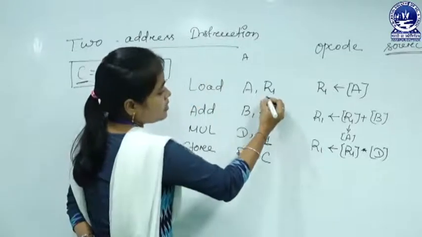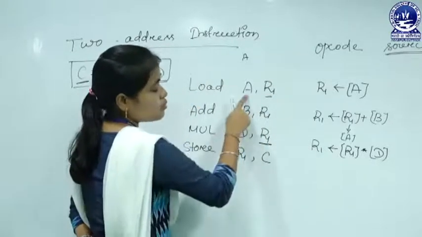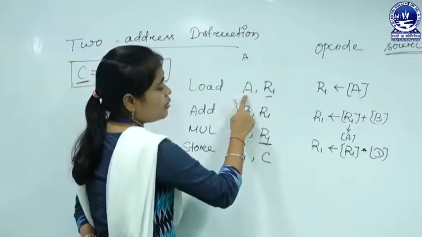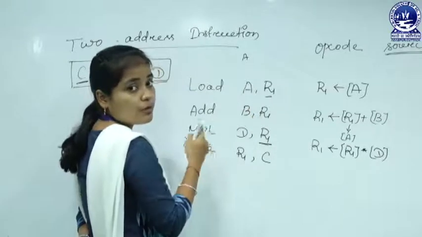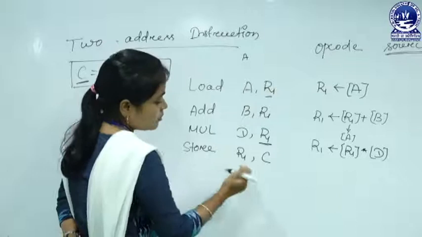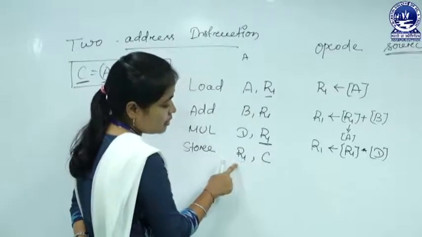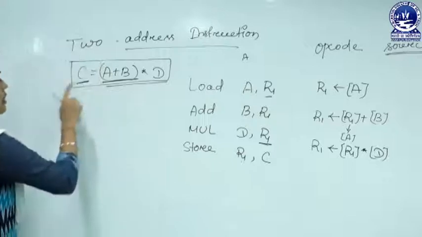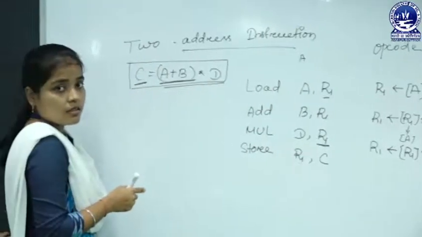In the load instruction, the destination is R1 and the source is A, because we have to load the value of A into R1, since we have to perform the operations in the registers. But here we have to store the content of R1 into C, because we have to display the value of C on the monitor.